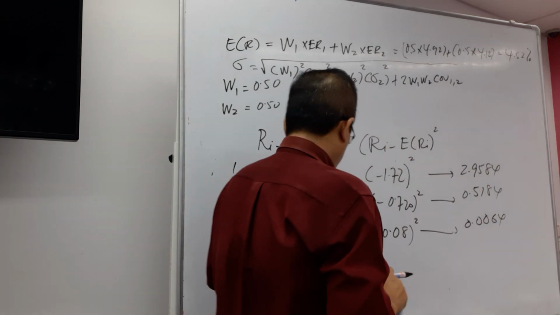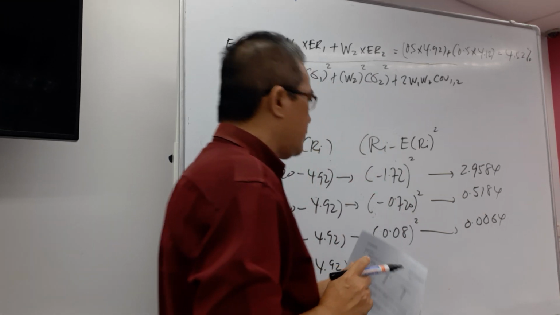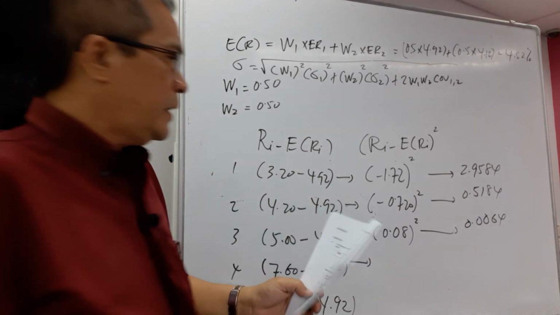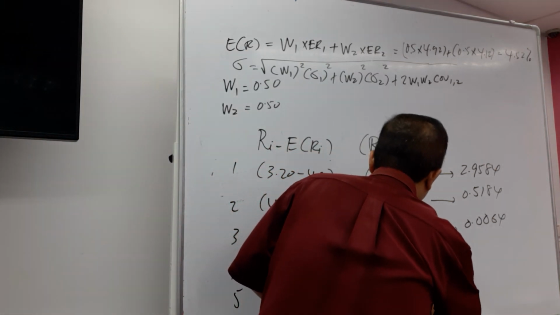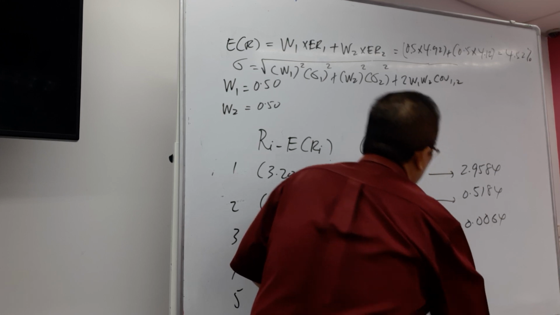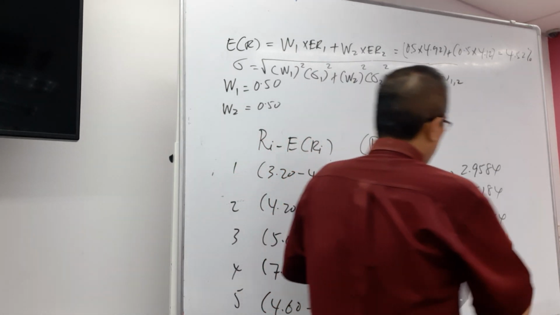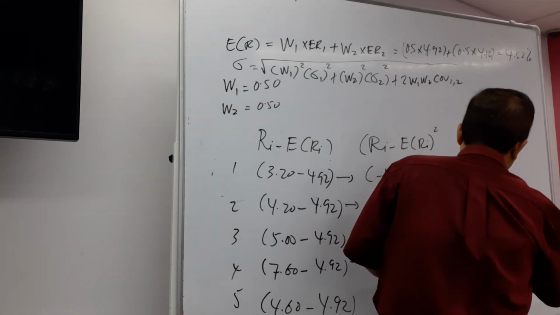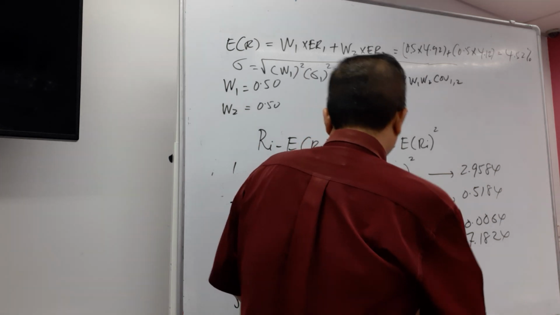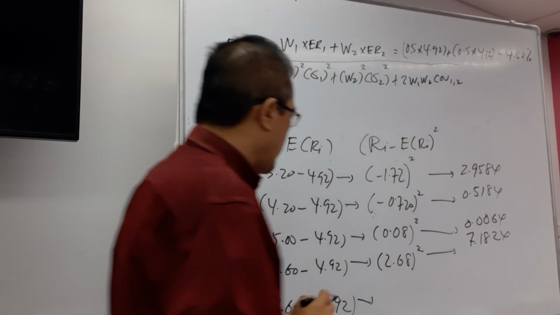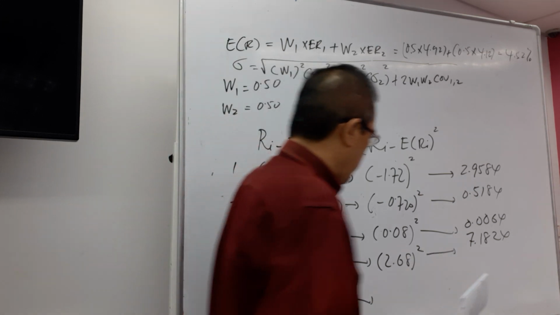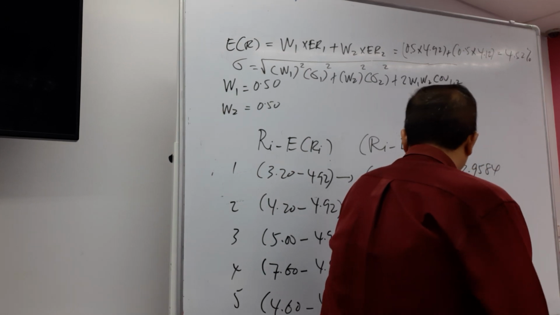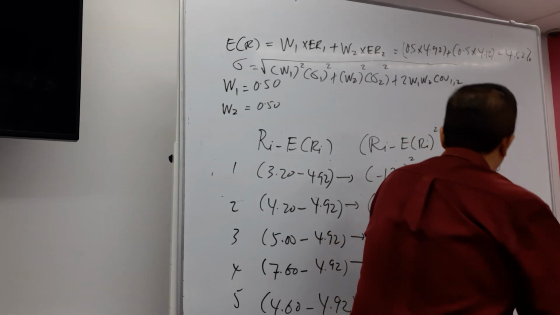Okay, 7.6 minus 4.92 is 2.68, and 2.68 to the power of 2 is 7.1824. So we need to keep these on the same row so that we don't get things mixed up.